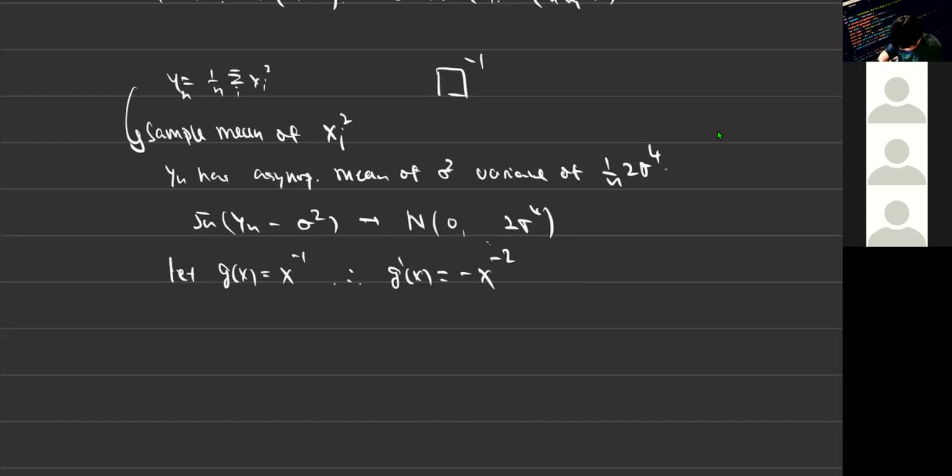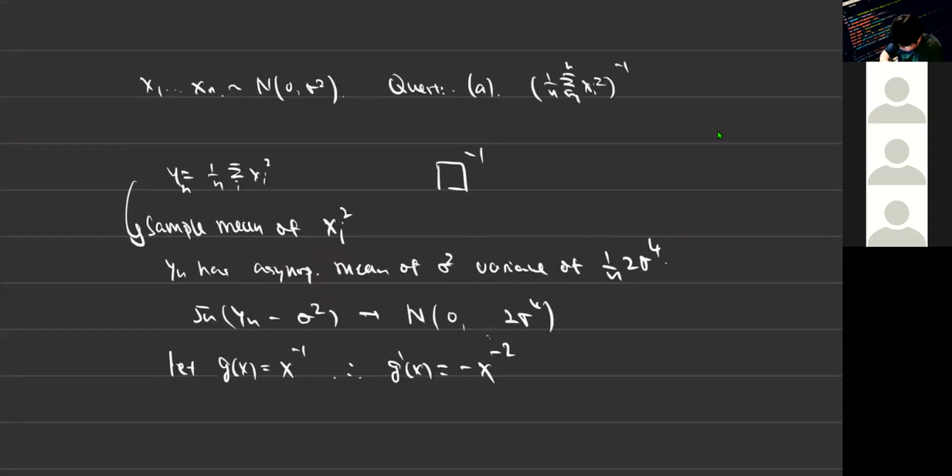Let me see. If I move it here, it should be a sigma square. Is that your question? No. So it tends to a normal distribution of, would it be 0 and 2 sigma 4, or is it sigma square and 2 sigma 4 by n?